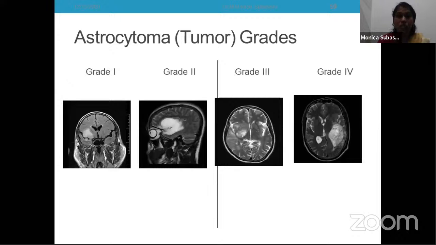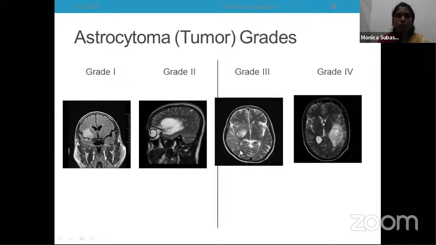It is a primary tumor, and 80% of brain tumors come under astrocytoma. We have 4 grades: grade 1, grade 2, grade 3, and grade 4. These are the 4 different types or stages of astrocytoma.